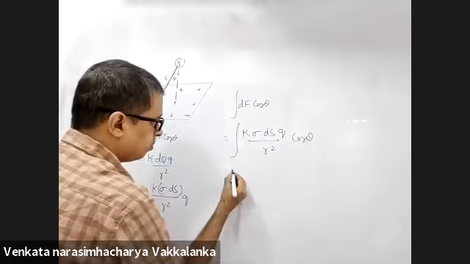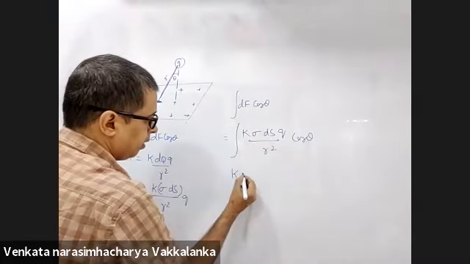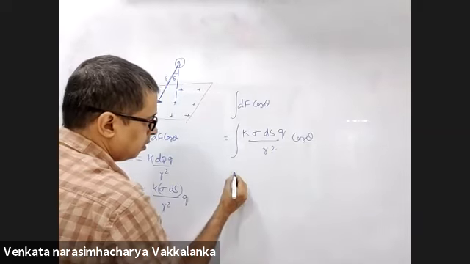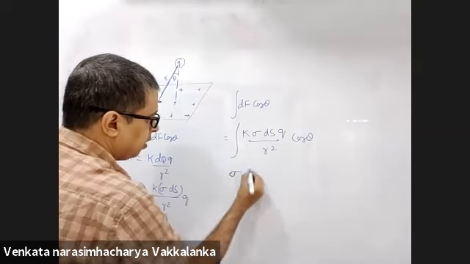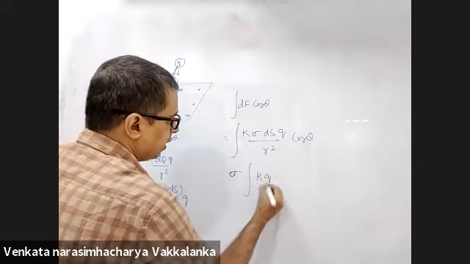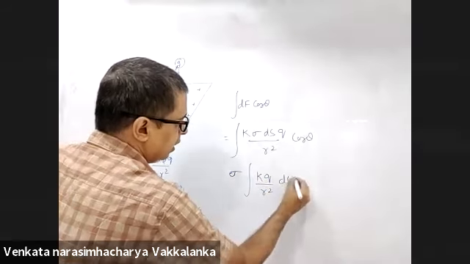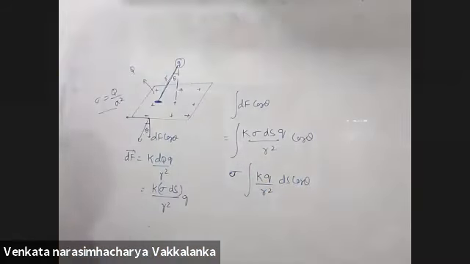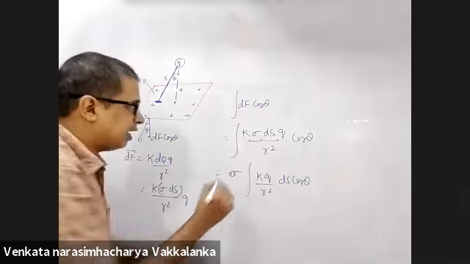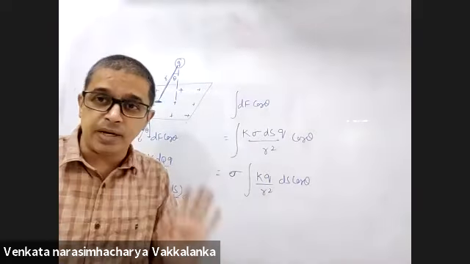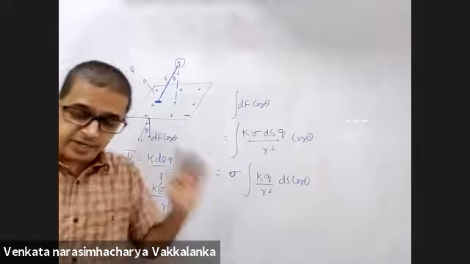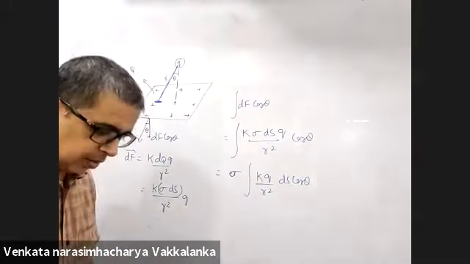Okay, I'll make it more simple. k, keep sigma alone outside. k q sigma, integral of dS cos theta by r square. I can keep anything outside as long as it is a constant. Agreed? Yes, sir.